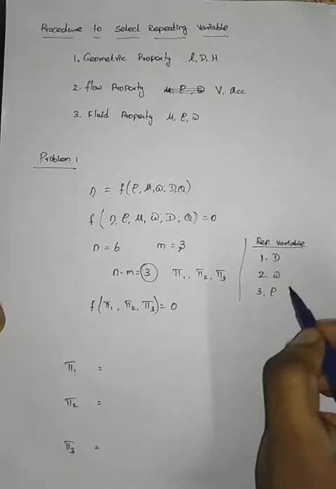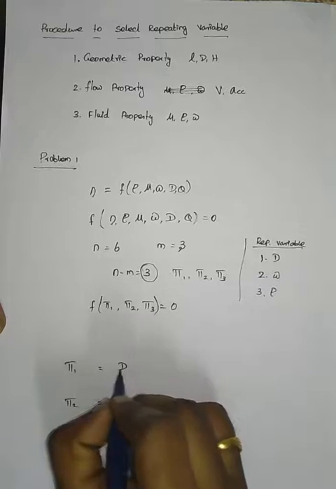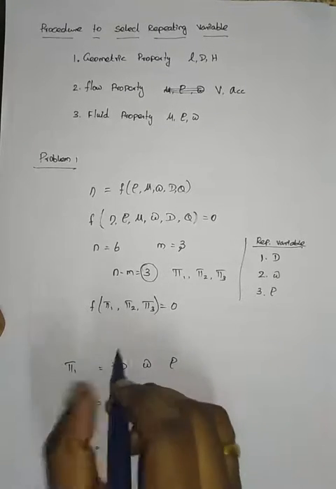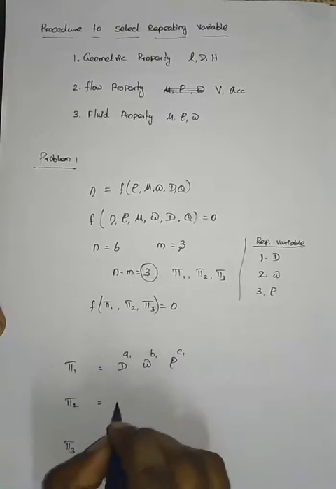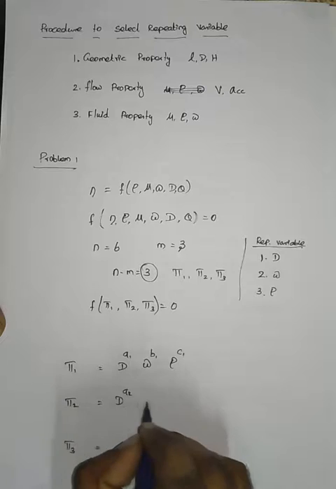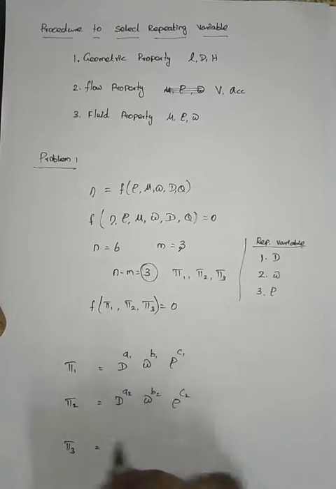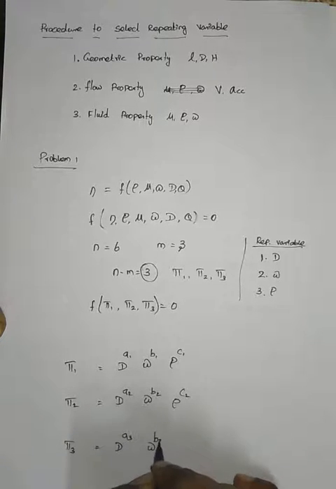Once you choose the repeating variables, you have to write them like this: d, omega, rho. d power a1, omega power b1, rho power c1. Similarly, d power a2, omega power b2, rho power c2, and d power a3, omega power b3, rho power c3.